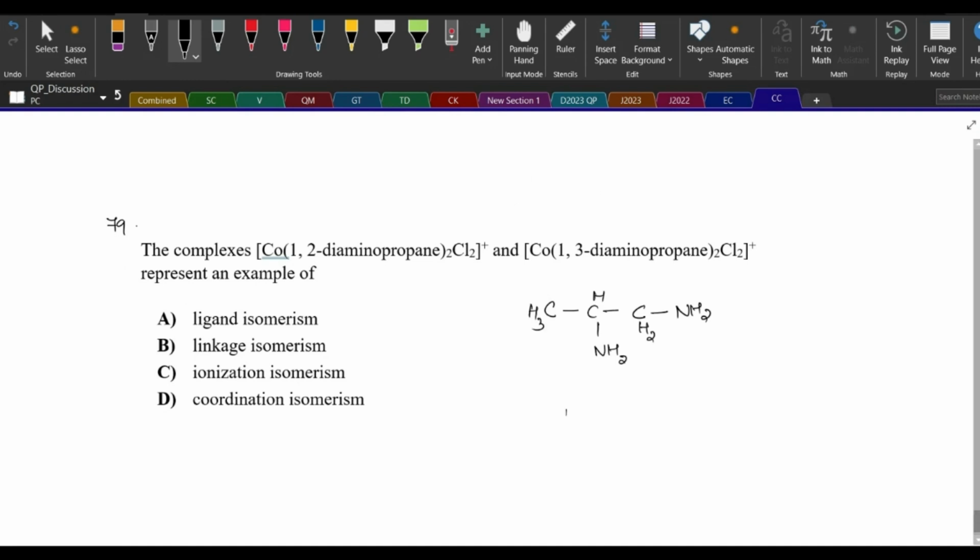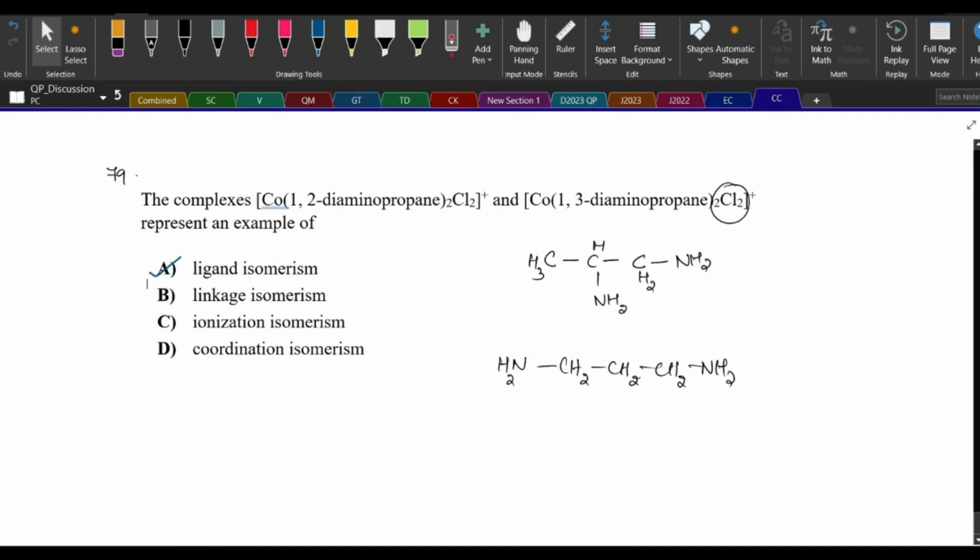And the other one is when you have രണ്ടറ്റത്ത് like this. So you can see that the metal is the same, metal ion is the same, only the positions of these amino substitutions are different. അപ്പോ this is a kind of ligand isomerism. Ligand ഉള്ളിലെ functional group ന്റെ positions മാത്രമേ മാറുന്നുള്ളൂ. It's an example of ligand isomerism. Okay, ബാക്കി isomerismത്തിന്റെ examples you will be learning shortly.